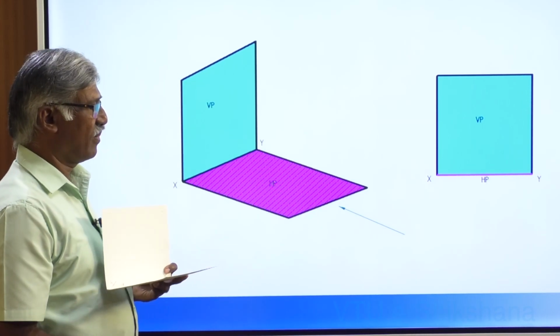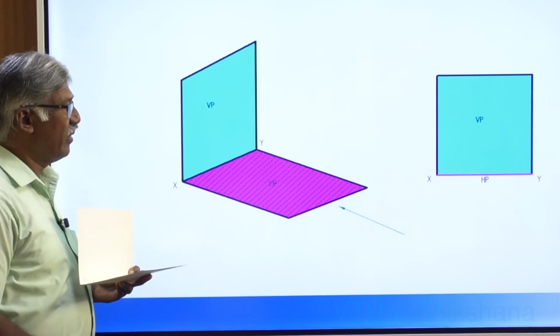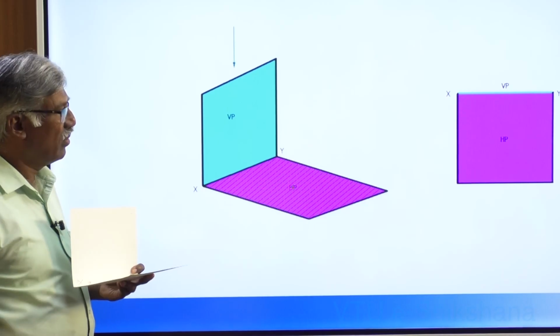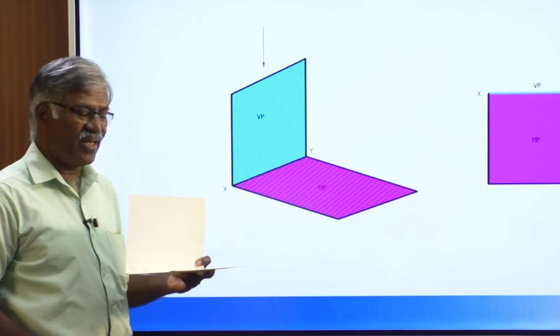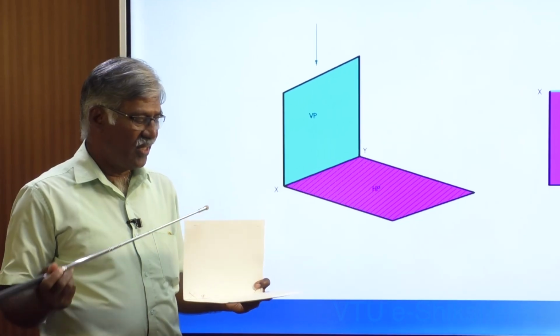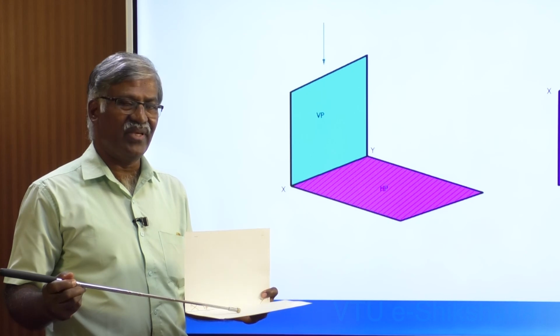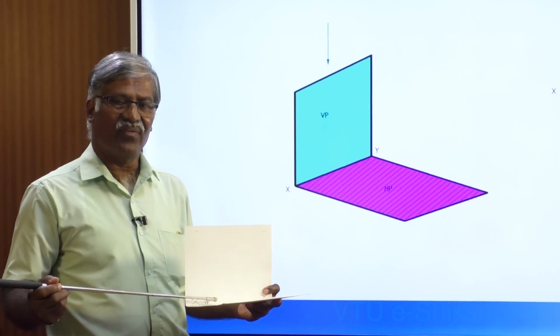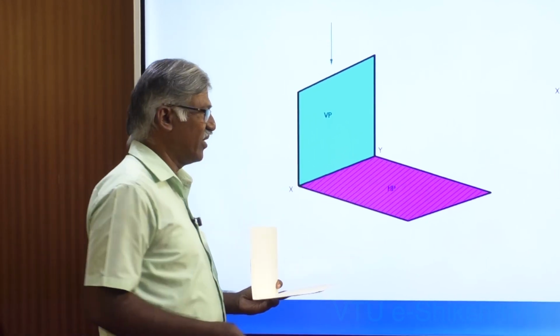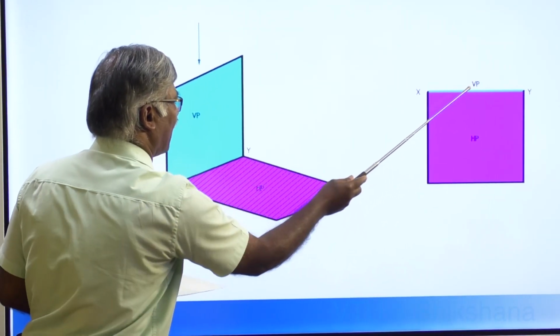Next, let me project the VP onto HP. See here, the same figure model works for us. This is VP, this is HP. Let me project VP on HP. It coincides on the reference line only. Just observe here: this is the HP area, this is the XY line, this is VP.